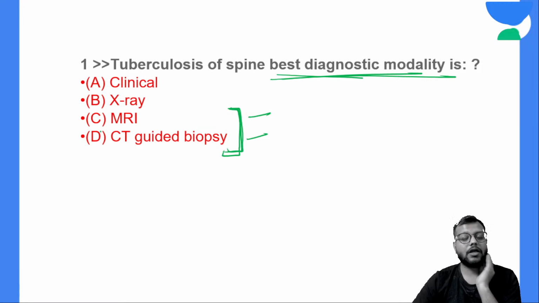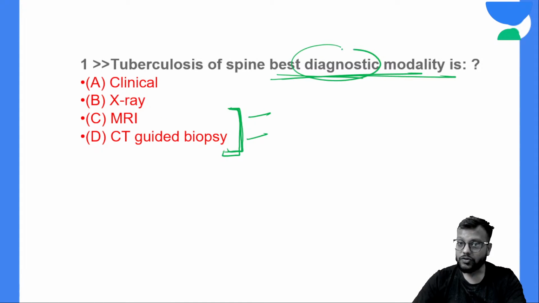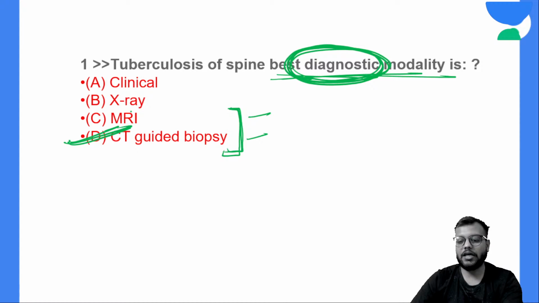But if I have to go for a single best answer for this question, if it was only investigation, then we would have thought, but for diagnostic modality I will go with the CT guided biopsy.